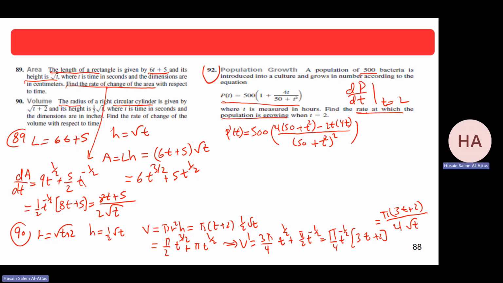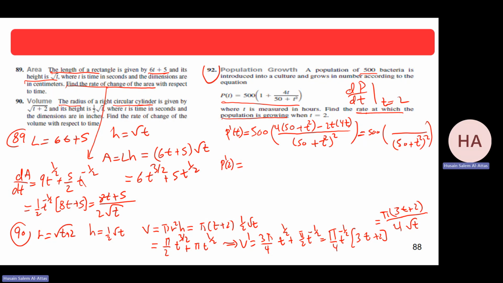Do the calculation. What will be p prime at 2? Maybe I can simplify it better. That will be 500 times, and down I have (50 plus t squared) squared.